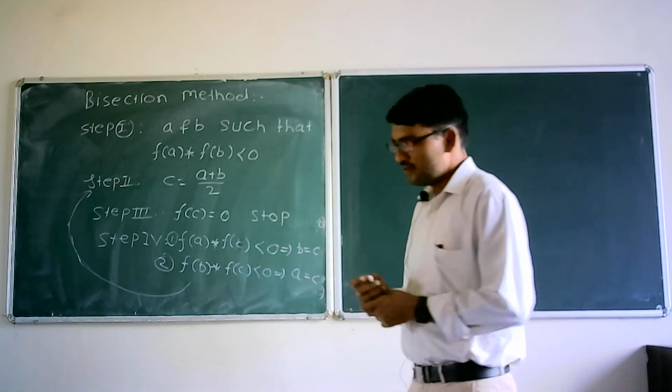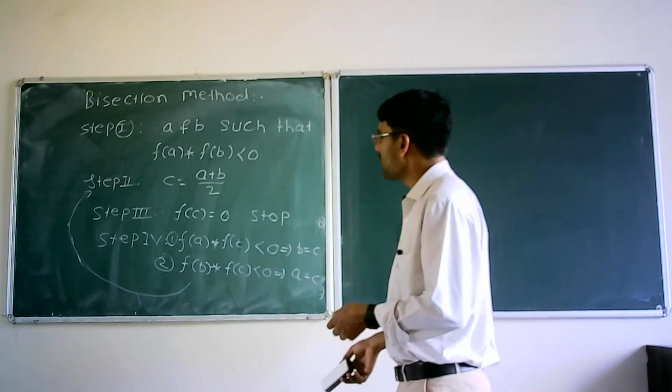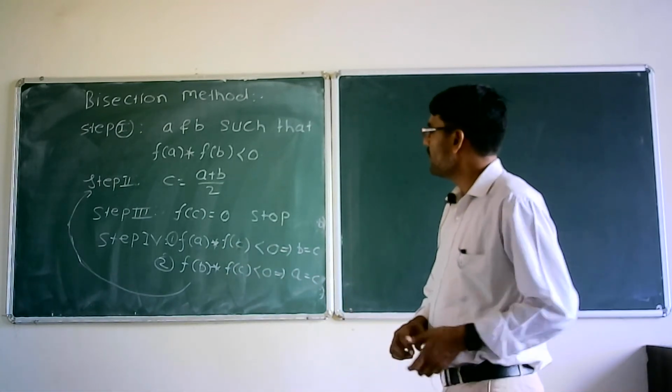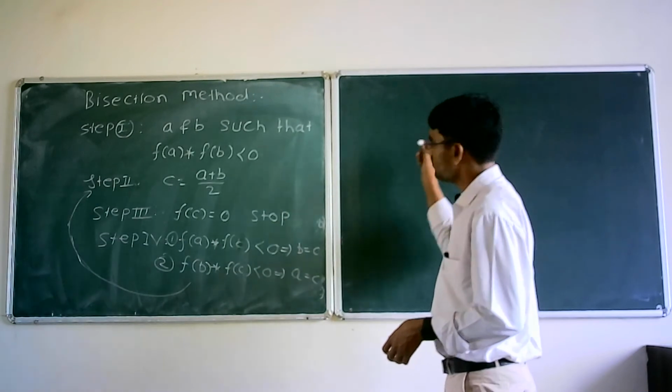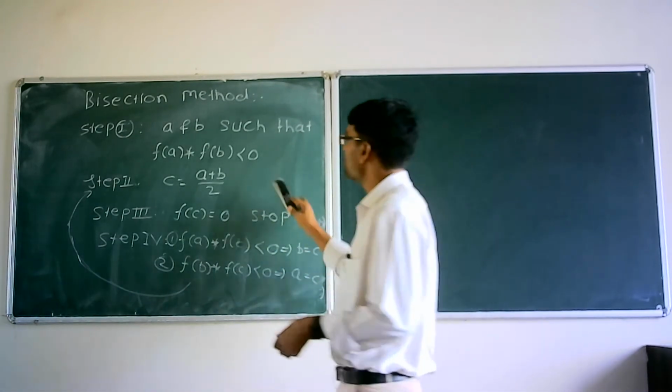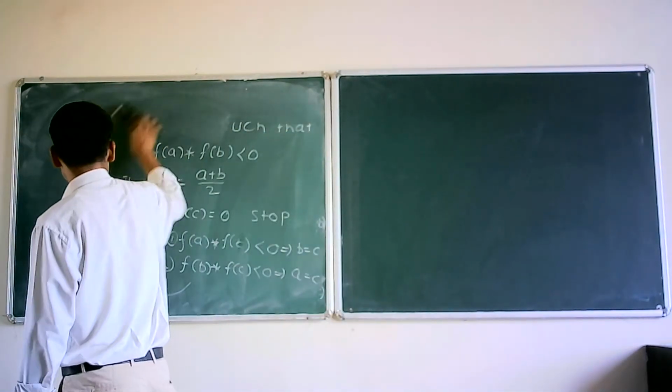Okay, so now take the example. You can also draw the flow chart of this bisection method. So now write down the example.